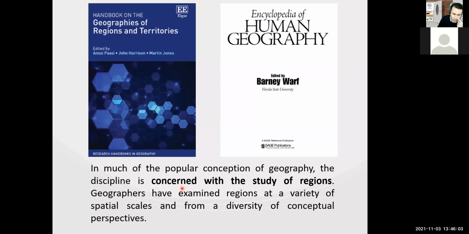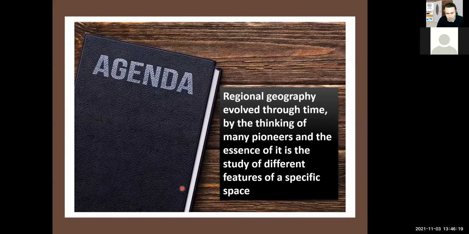Here, two books that cover a number of subjects, and these are already in your OLAT. They are both very much focused on the regions, but also focus on these interrelationships involving different aspects of regional geography. Somehow as an agenda, as a take-home message, and we are approaching the end of the lecture, regional geography has evolved through time.